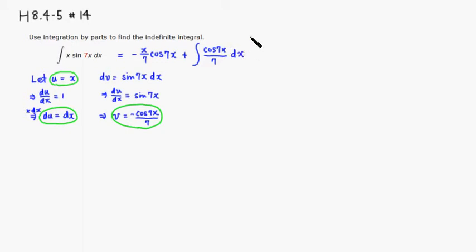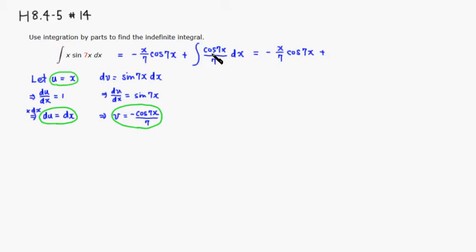All right. Then we just have to evaluate that guy. So it's going to be equal to negative x over 7 cosine of 7x. That part is already finished, so we just have to find the antiderivative.